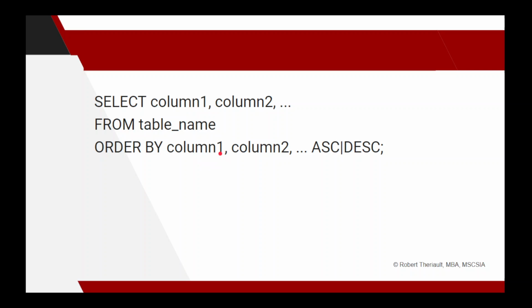A lot of people just do one: ORDER BY this column, first name, last name, and then ascending or descending. And if you ever get that wrong, just use the other one, right? This is ascending, this is descending, and that's exactly what you type. One of those two is what you add at the end if you want to do it. If you don't add it, it'll just automatically default to whatever the default is.